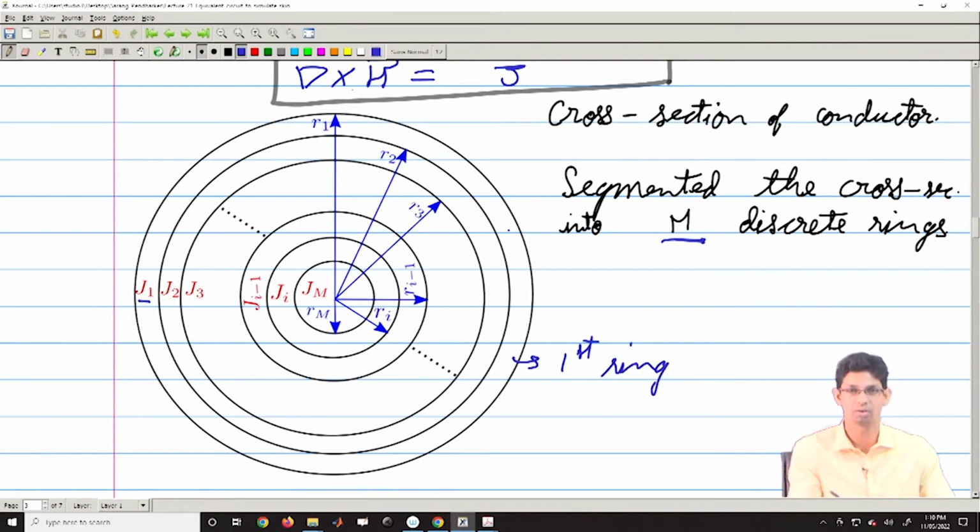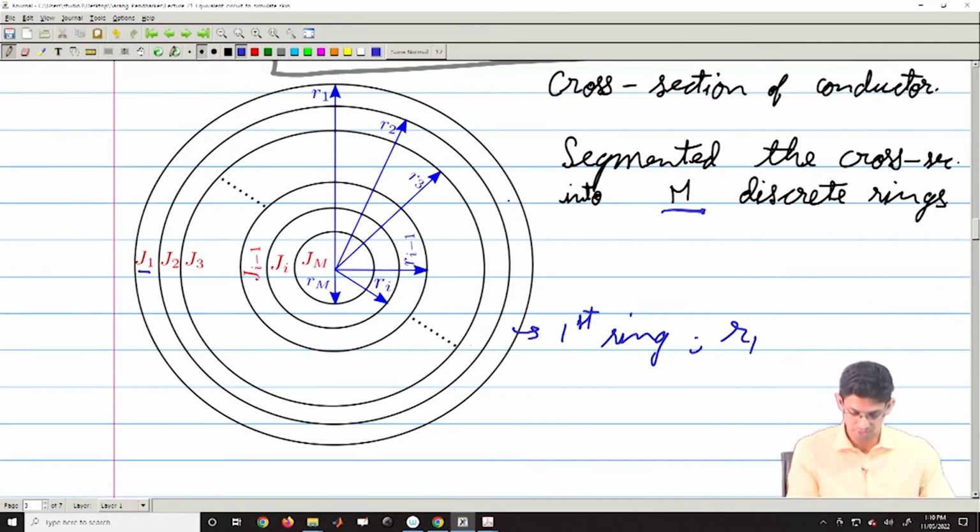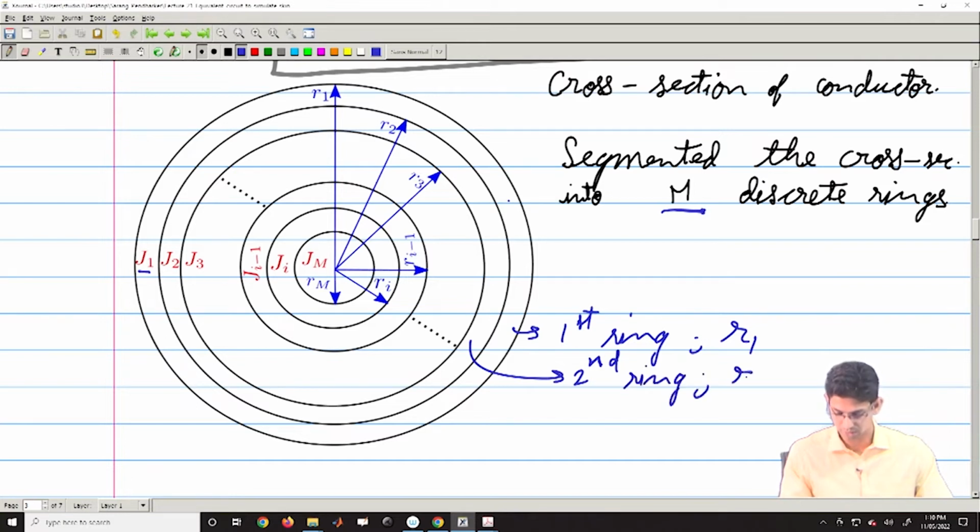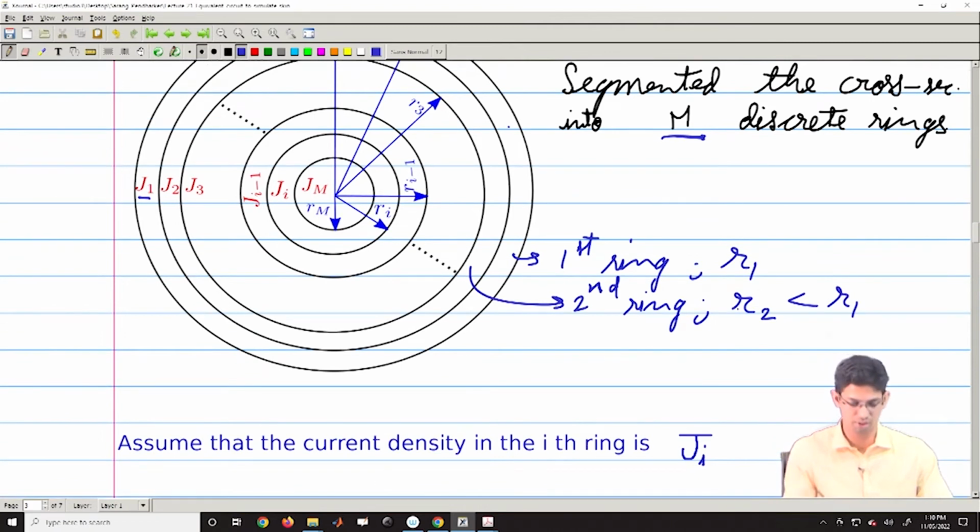The first ring has the outer radius of r1, then this is the second ring, this has a radius of r2. So, your r2 is less than r1 as per our notation.